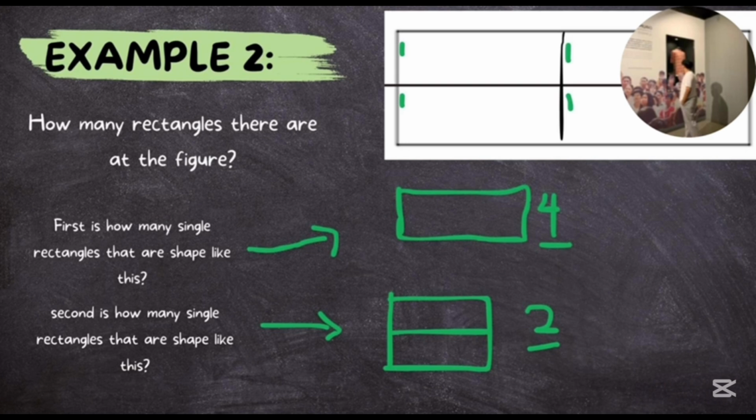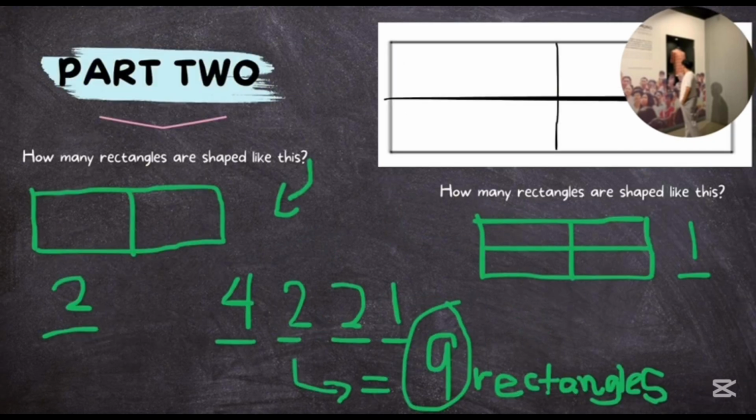So, ilan yung rectangle na ganyan ng shape ng may pahabang linya sa gitna? So, may dalawa kasi hinati nga. So, 1 and 2. So, part 2, kasi hindi kasya dun sa isang slide. So, next is, how many rectangles are shaped like this? So, ganyan naman. Kung ilan yung hati pababa sa gitna. So, bibilangan mo lang ulit.